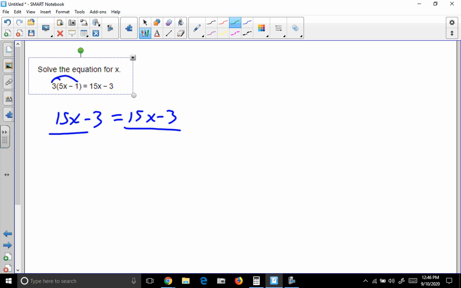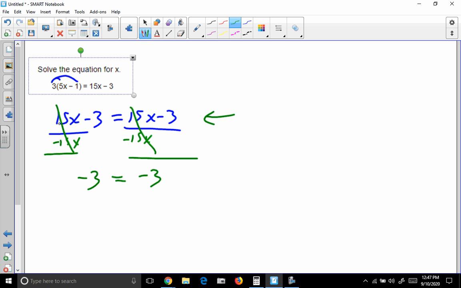If we try to get all of our x's on one side, 15x minus 15x would make 0 there, leaving us a minus 3. And notice that's a true statement. No matter what x is, those sides are always going to be the same.